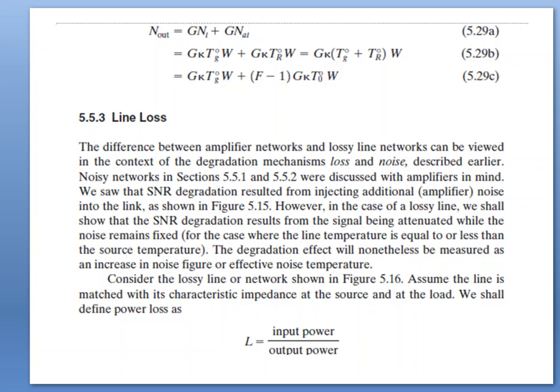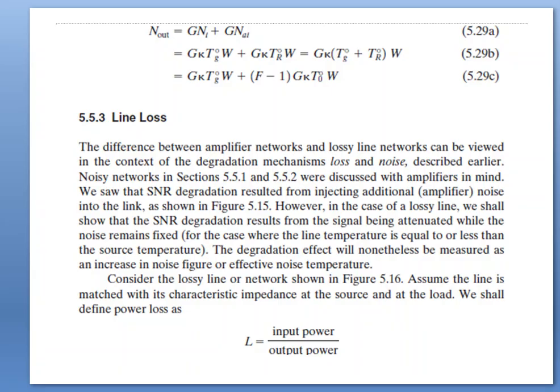As described earlier, in the above section we discussed noise networks with an amplifier in mind. There we saw that SNR degradation results from injecting additional noise into the link. However, in the case of a lossy line, we shall show that the SNR degradation results from the signal being attenuated while the noise remains fixed.